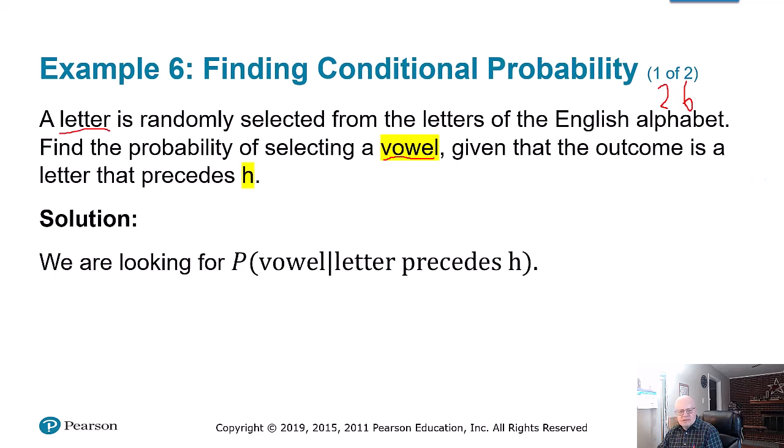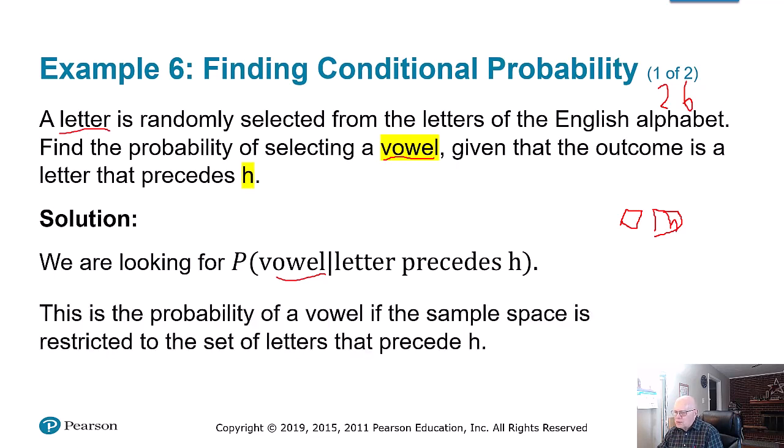And this one turned out right. Okay. So I guess that might have been a typo in the last one. We're looking for the probability of a vowel if the letter precedes an H. In other words, a vowel if you've got an H right after it.